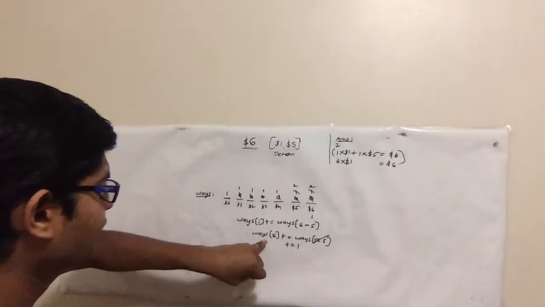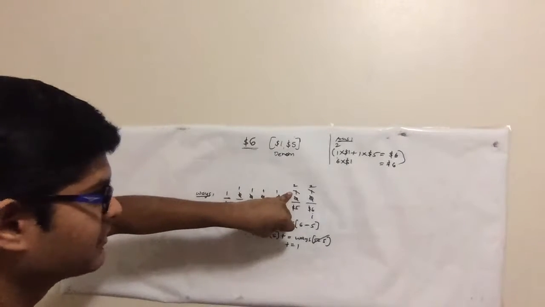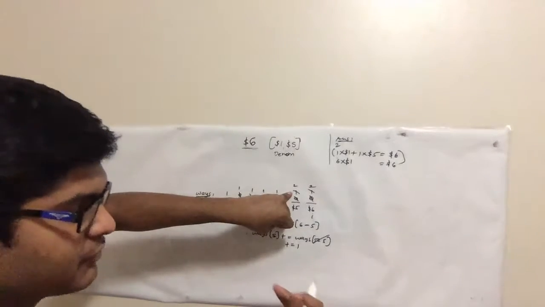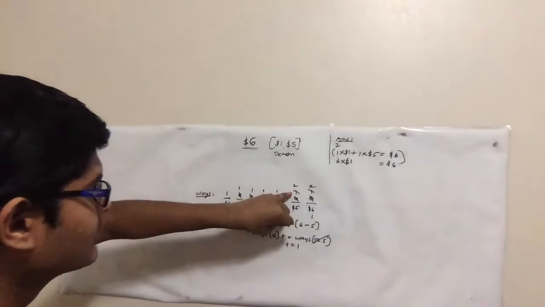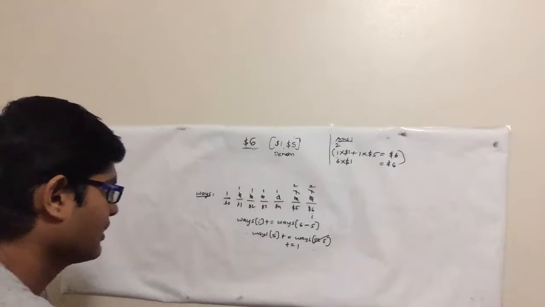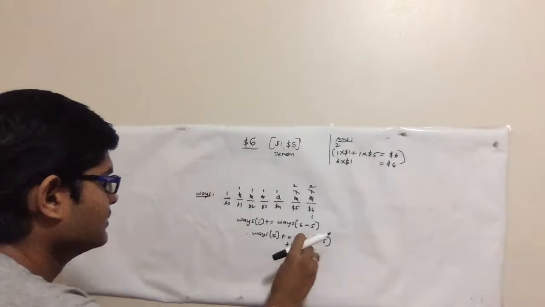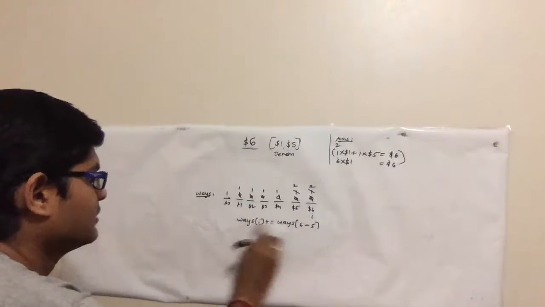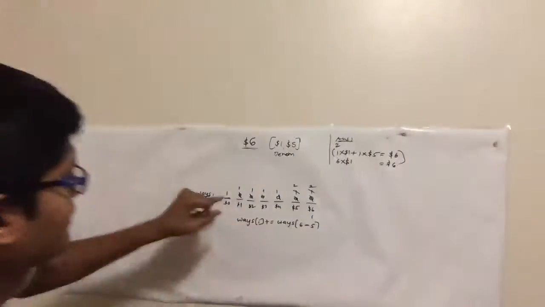Ways of 5 is already 1 in the previous iteration, I mean before using this $5 coin, so it would add 1 to this. So this is the formula for getting this.